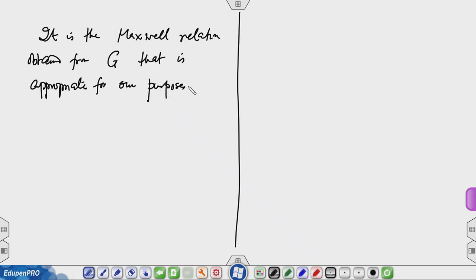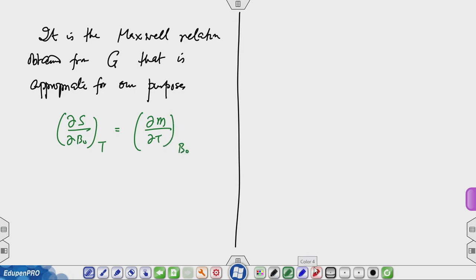You see, Gibbs and Helmholtz free energy talk about derivatives at constant V, constant T and constant P, which are very easy to do. So, let us look at the Maxwell relationship obtained from the Gibbs free energy, which is partial S partial B0 at T is equal to partial M partial T at B0.